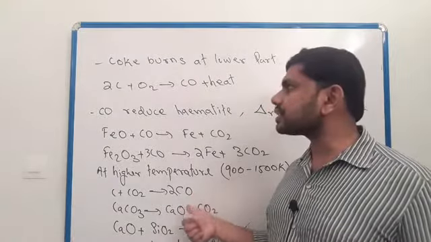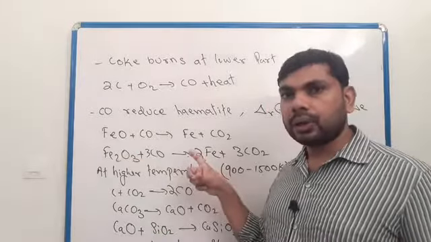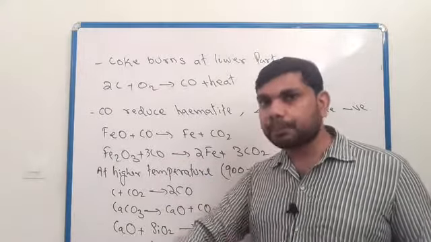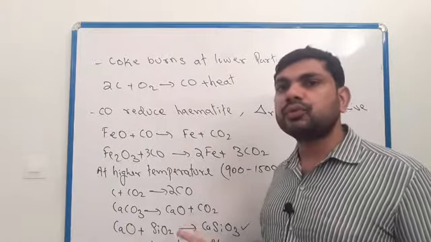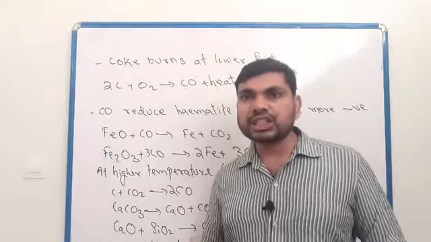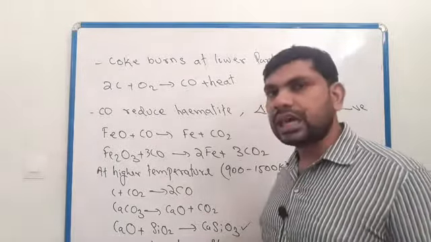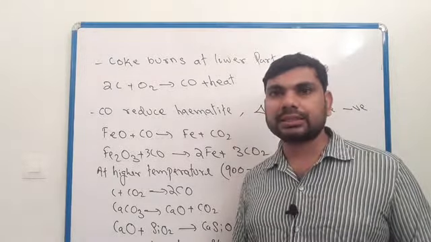This carbon monoxide helps to reduce iron oxide to iron. Also at a high temperature, in the lower part of the blast furnace, calcium carbonate decomposes to form calcium oxide and carbon dioxide. Calcium oxide reacted with the silica and formed calcium silicate. Calcium silicate is slag.